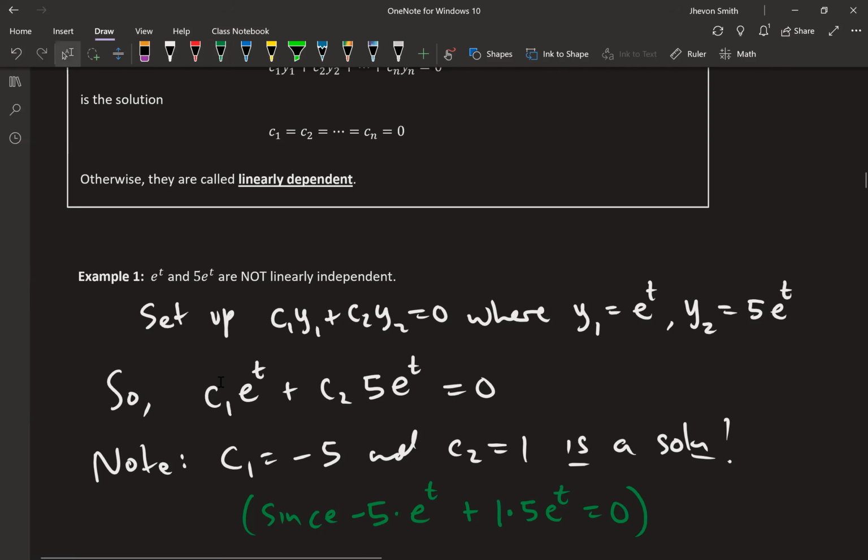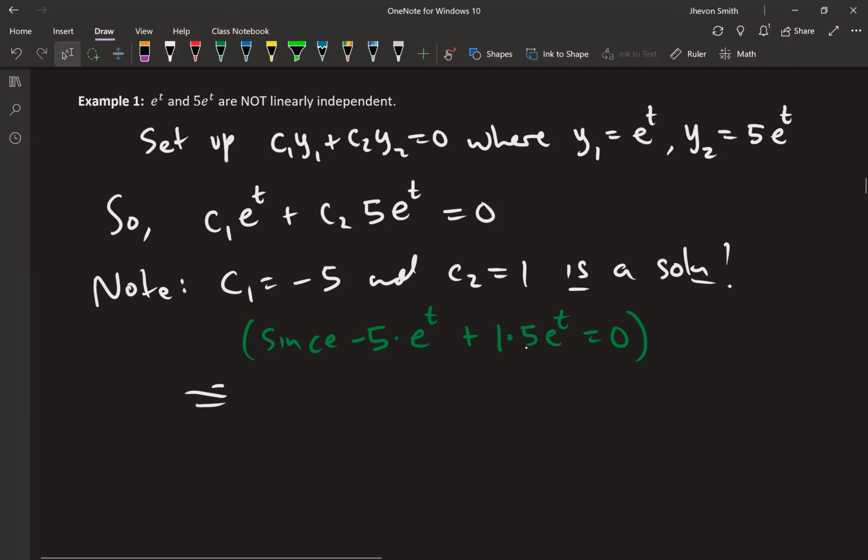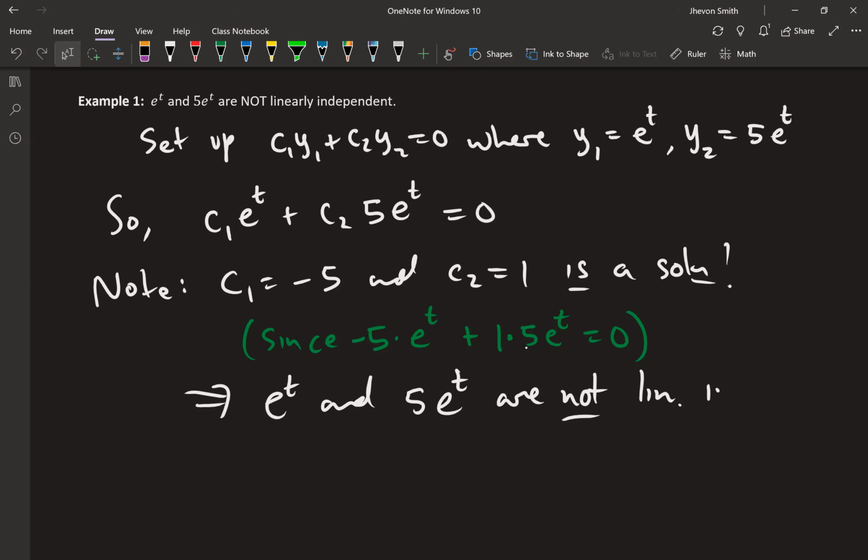What that means is I just found a non-zero solution to this equation. This means e to the t and 5e to the t are not linearly independent. In other words, as far as differential equations are concerned, these two are redundant. If you tell me one of these, you might as well tell me the other one.